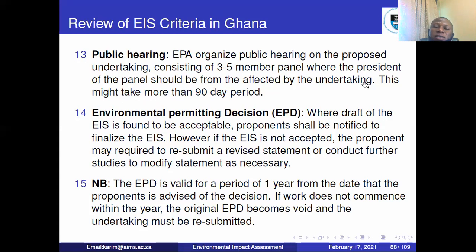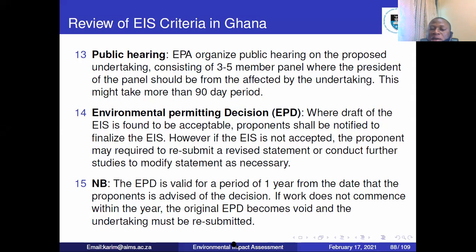This might take more than 90 days to complete. Once everything is fine, they have to make a decision and give you an environmental permit. When the draft is found to be acceptable, they will ask you to continue.